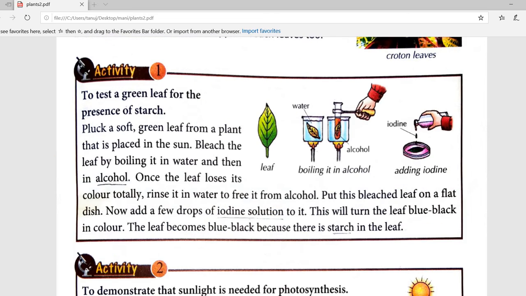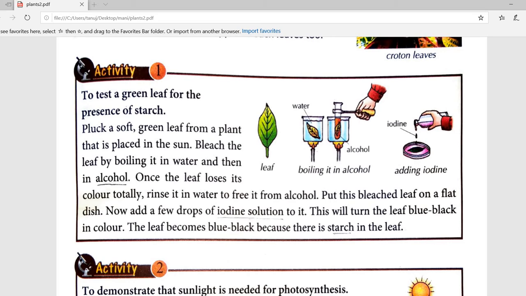Next, activity 1 is given in our book: how to test a green leaf for the presence of starch. How can we find out that green leaves have starch inside? So how can we do this?